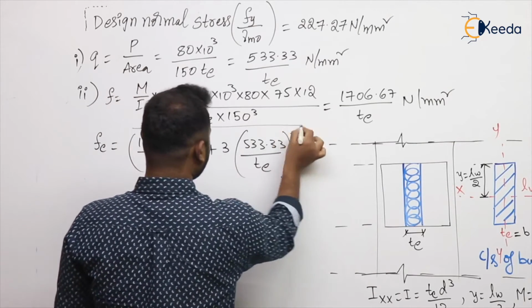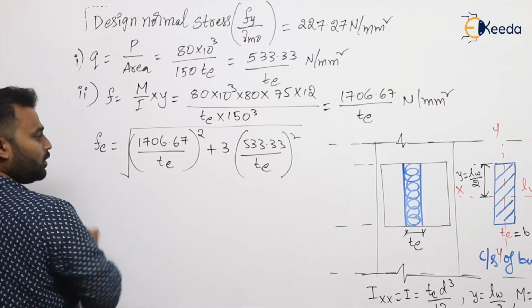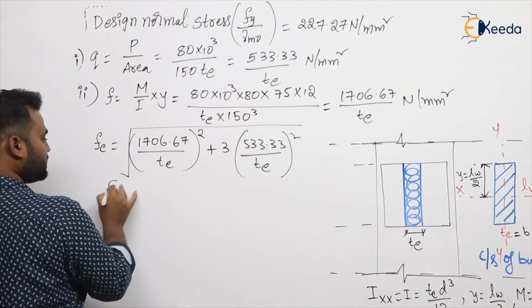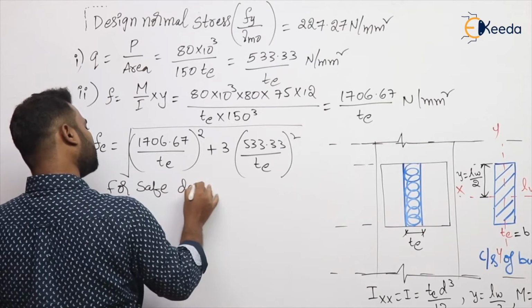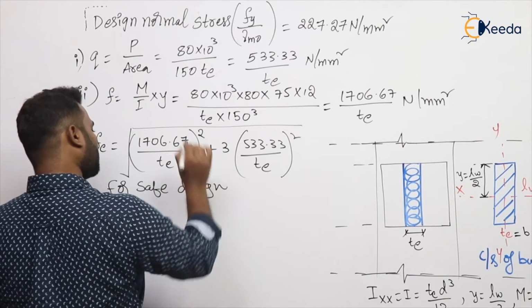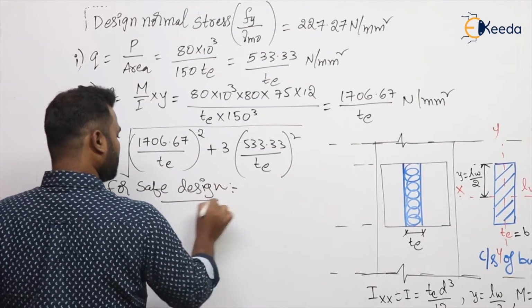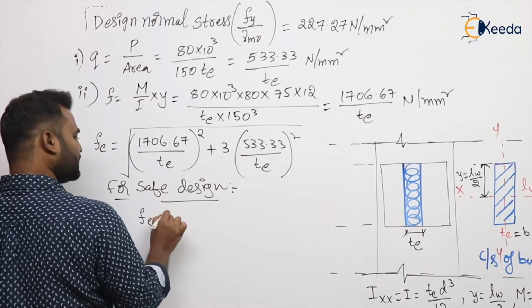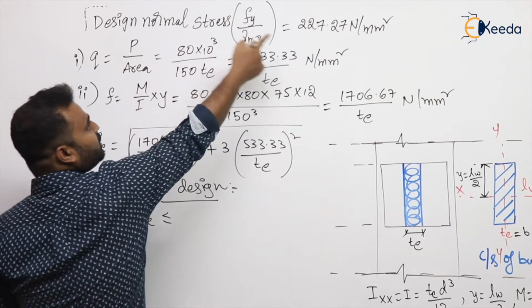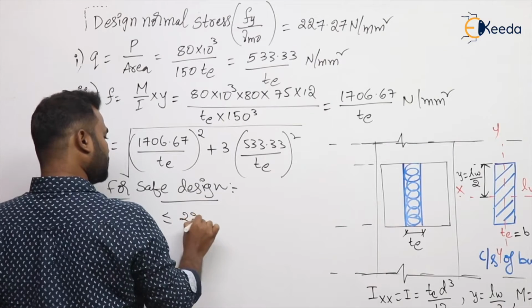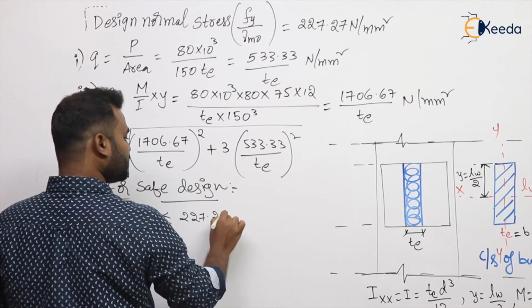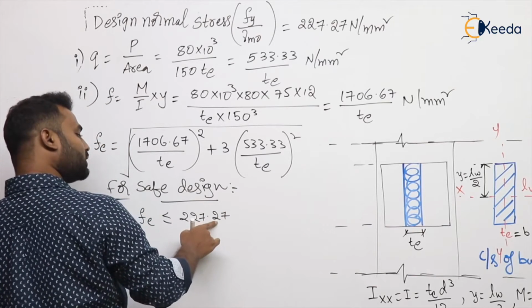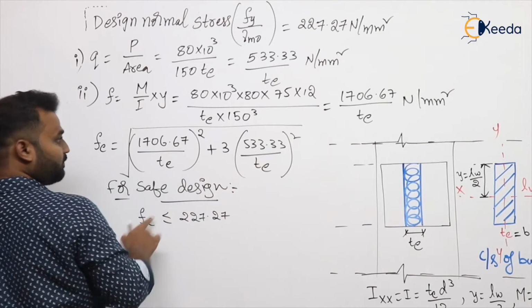This is the expression. Now for a safe design, this Fe should be less than or equal to the design normal stress. Directly I am writing the value of the design normal stress for mild steel, that is 227.27 Newton per mm square.